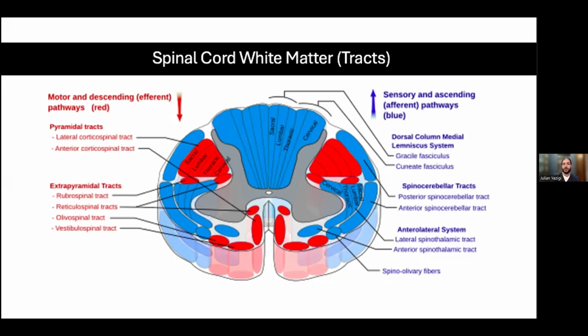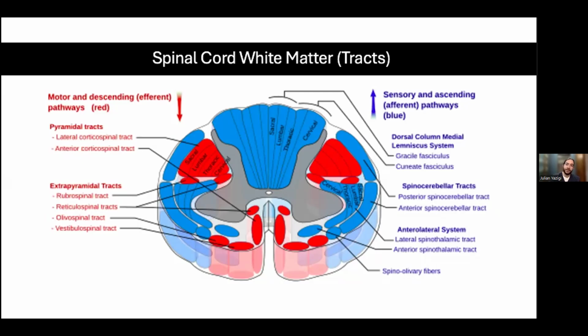Upper limb proprioceptive information is carried by the cuneocerebellar tract, which originates from the accessory cuneate nucleus. These cerebellar pathways allow for real-time coordination of movement and posture without conscious perception.